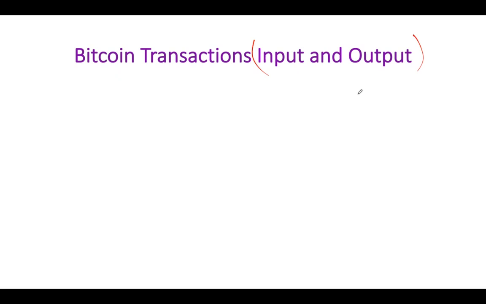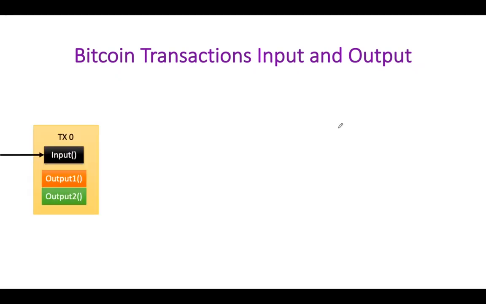If a transaction is minting new coins, then in the first transaction of any user or any Bitcoin peer in the network, you will find the input as well as the output. Input means you are going to spend the money. Output means you are going to create the coins.